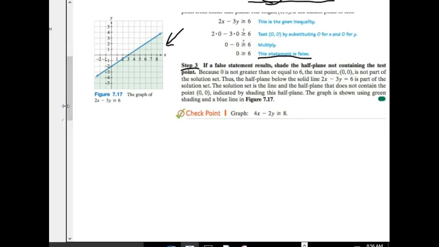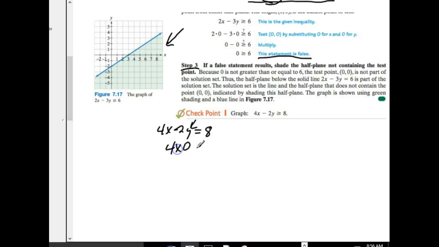Okay, so let's try another one on our own. If I want to find the x and y intercepts, I'm going to take 4x minus 2y equals 8. Remember, when we're doing this part, we don't worry about the greater than or less than. To find the x-intercept, I'm going to plug in a 0 for y, which is going to make that term 0.